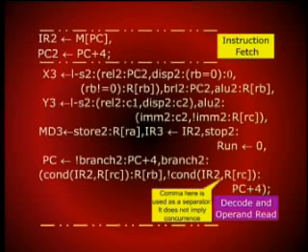And then if DISP2 is true, so if it was not a relative addressing mode, it was a displacement addressing mode, we check the value of RB. If it is 0, we place 0 into X3.